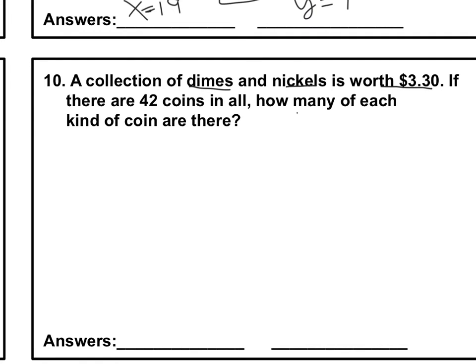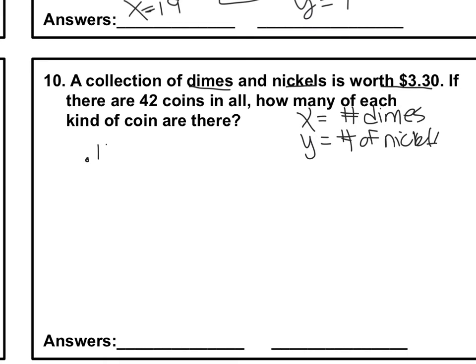All right, so we're going to say that x is the number of dimes and y is the number of nickels. Okay, so how much is a dime worth? Well, it's worth 10 cents. So 10 cents times the number of dimes plus a nickel is 5 cents times the number of nickels.